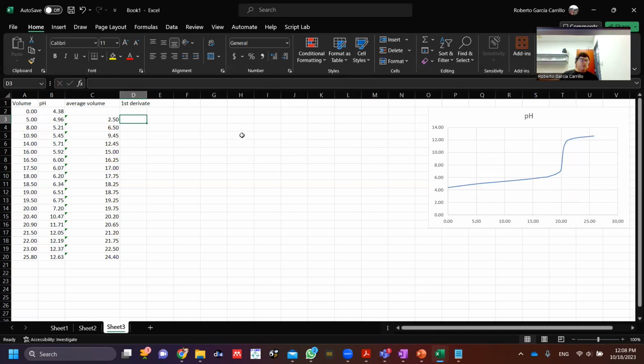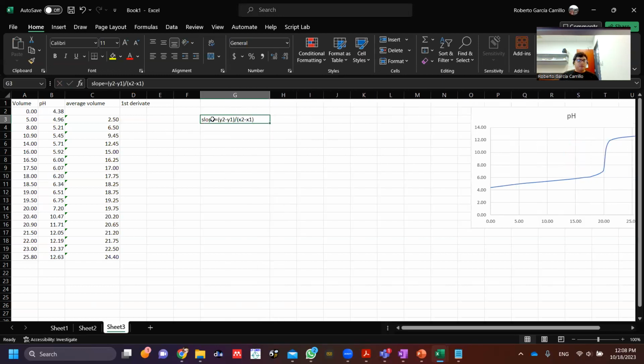The formula for slope is the difference between y values, y2 minus y1, close parentheses, divided by the difference between the x values, x2 minus x1. So that's just the formula for slope, or the derivative formula, let's call it like that.